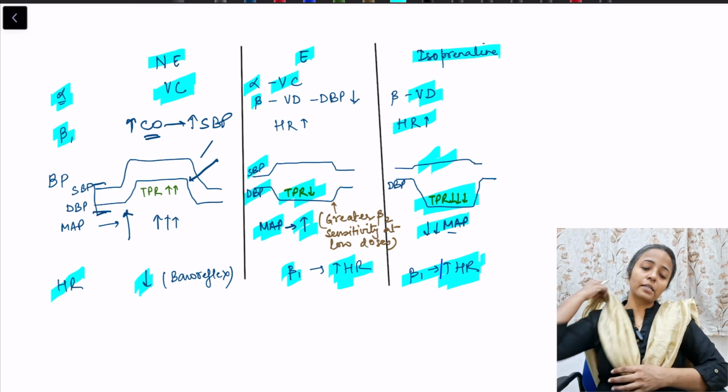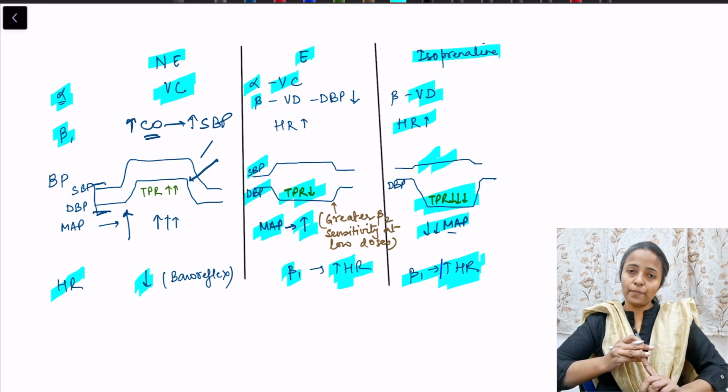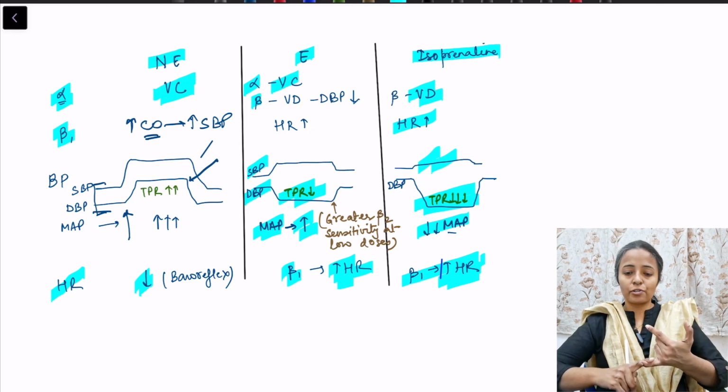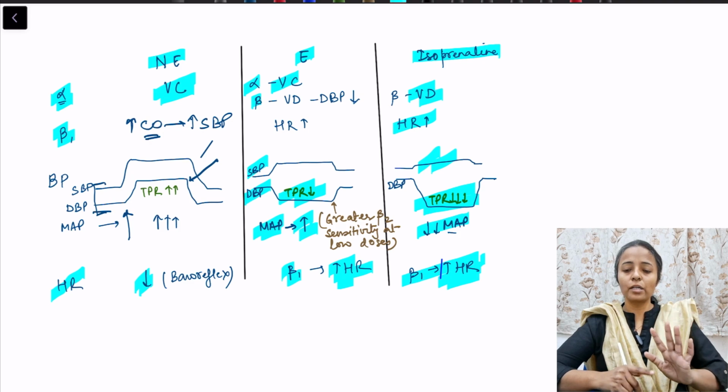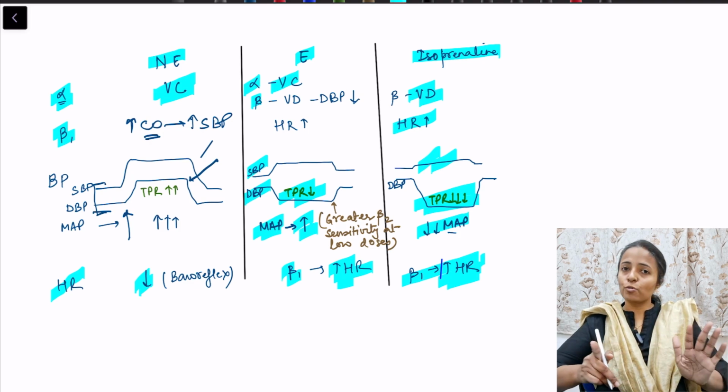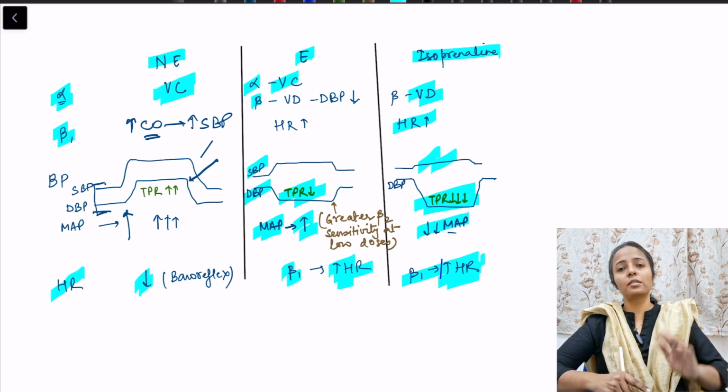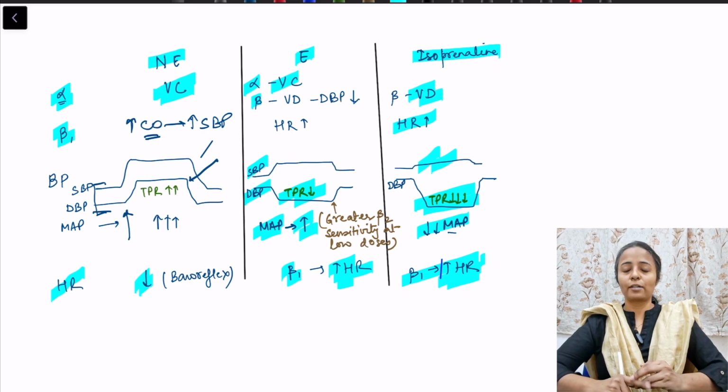So we have an increase in mean arterial pressure and a reflex decrease in heart rate. Epinephrine: we have not much change in mean arterial pressure. Due to its beta 1 action, we have some increase in the heart rate. Isoprenaline: no vasoconstriction, total peripheral resistance decreases too much. So mean arterial pressure decreases and we have increased heart rate due to its beta 1 action.